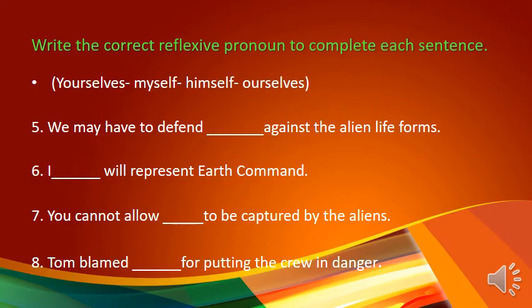Write the correct reflexive pronoun to complete each sentence. We have yourselves, myself, himself, ourselves. We may have to defend what we, which reflexive pronoun refers to we? Ourselves. I, what will represent Earth command? I, which reflexive pronoun refers to I?